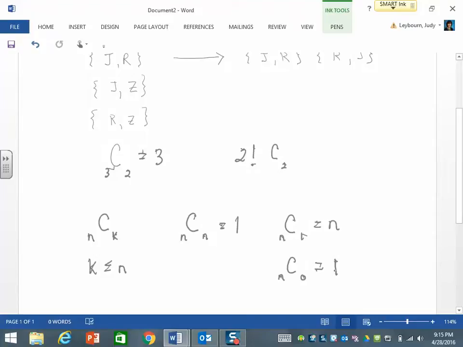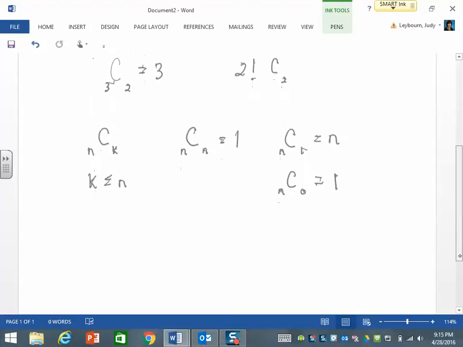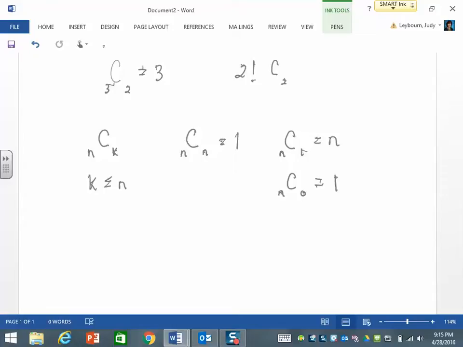Let's suppose then that we look again at this formula.